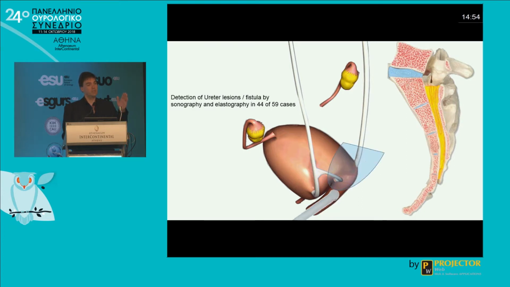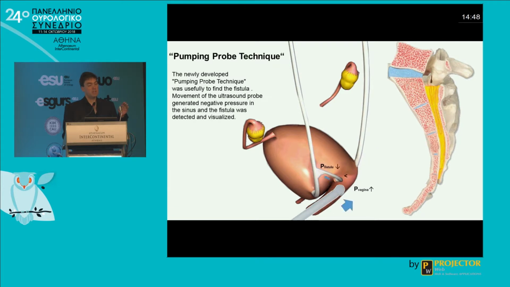You go with the probe inside, you see your ureter, and in a fistula you can make a movement, the pumping probe technique. That means you take your probe inside the rectum or the vagina and you pump, go forward and go backward.